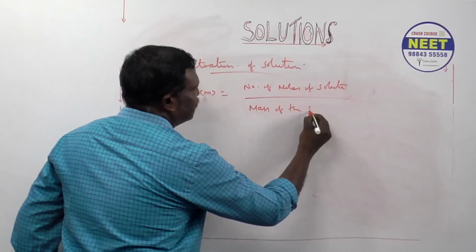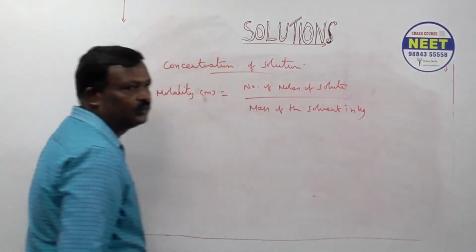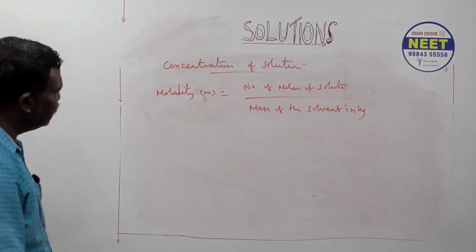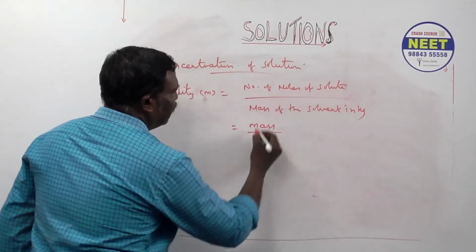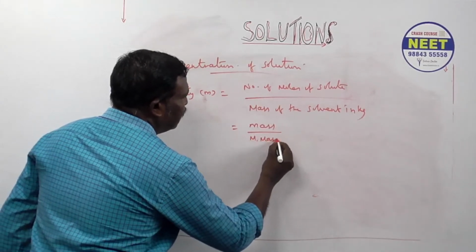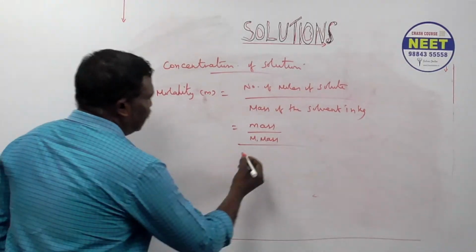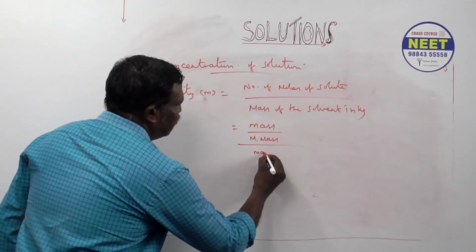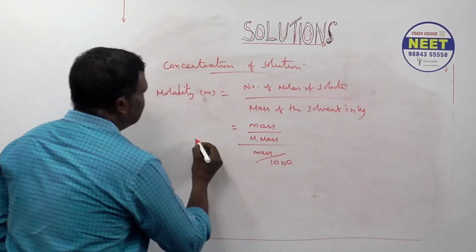This is the important one. As usual, moles is mass by molar mass, so mass of the solute by molar mass by mass of the solvent by 1000. It's called molality.